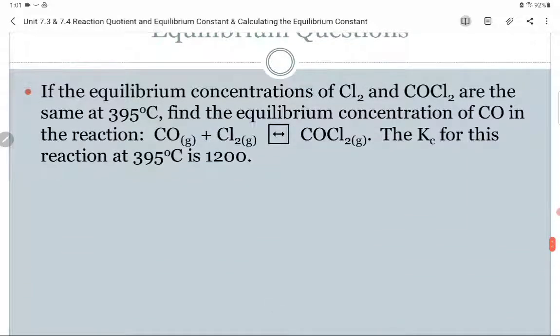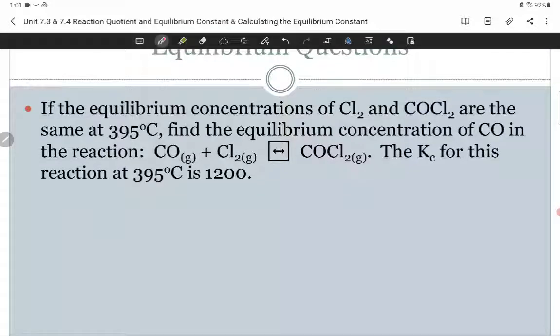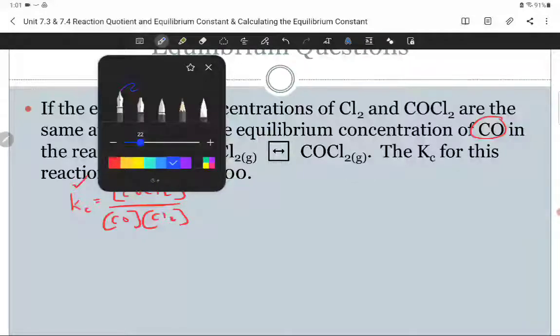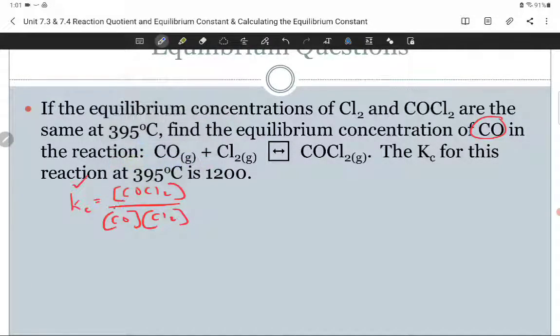Okay, so this time, let's write the Kc expression. I didn't do that with the last one. That would be brackets COCl2 and brackets CO and brackets Cl2. This time the Kc is already given to us. It is up to us to solve for the CO. So let's see what we got here.